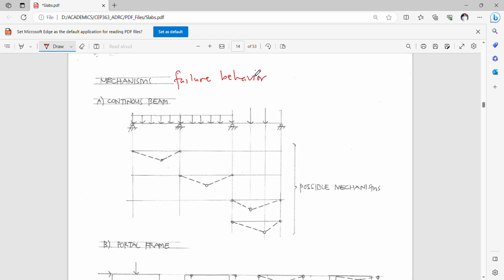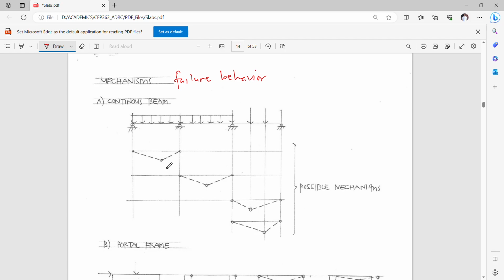In terms of a continuous beam here, since these are separately connected and externally independent of each other, we can talk of a local failure mechanism that is very similar to a simply supported beam system.